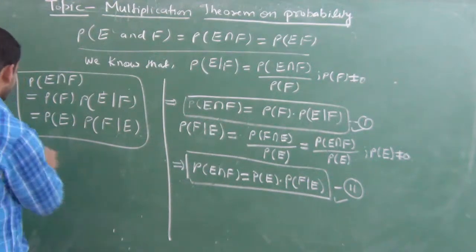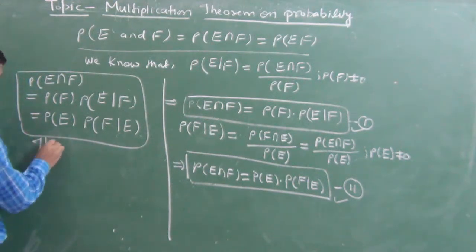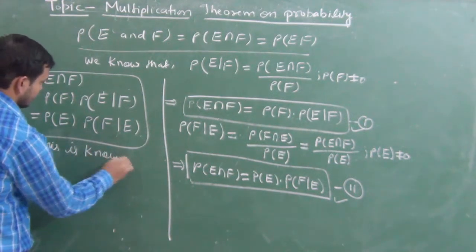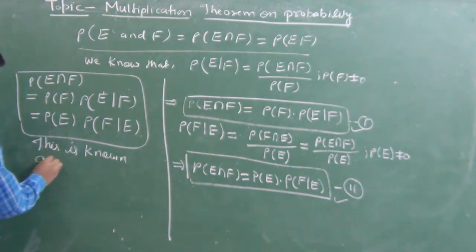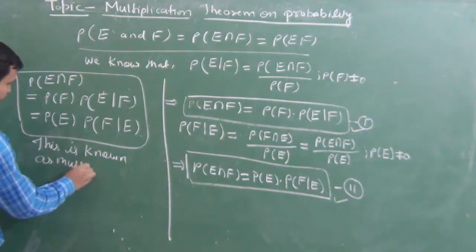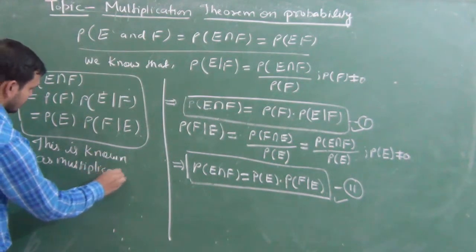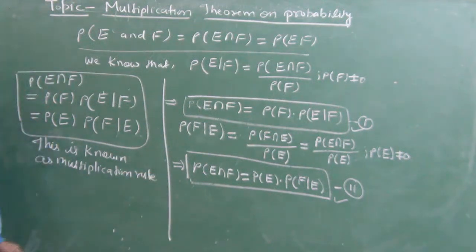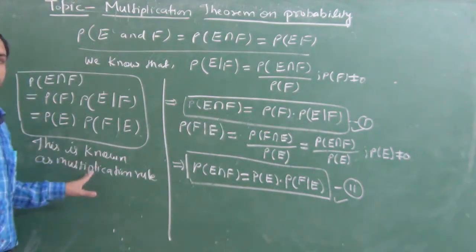This is known as multiplication rule of probability.